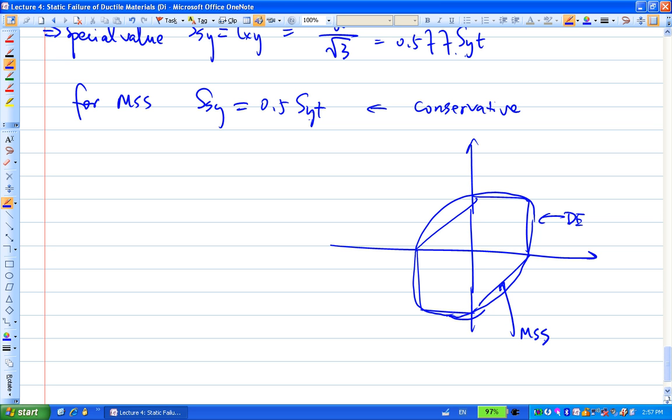So apparently, MSS has a smaller safe region than the DE theory. In other words, if you have a state of stress somewhere here, it's safe according to DE, but unsafe according to MSS. That makes sense? Okay.